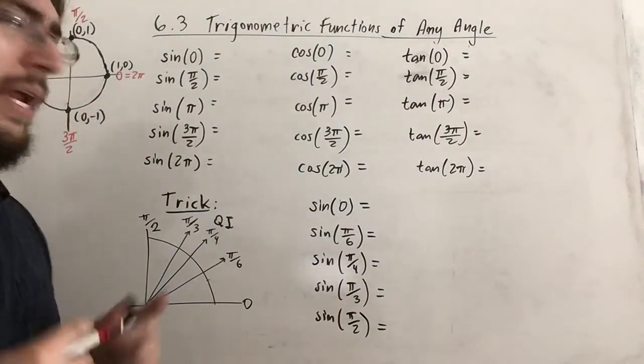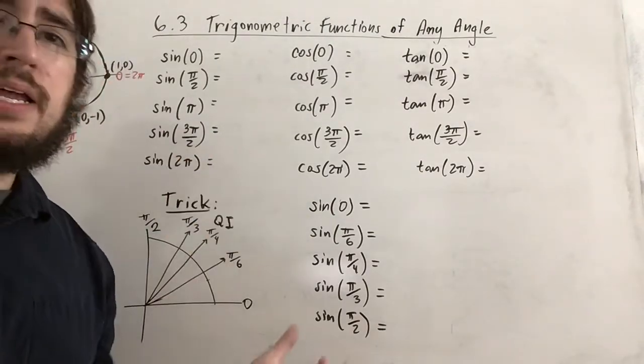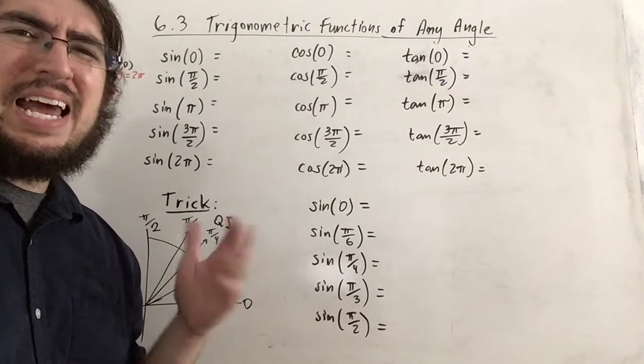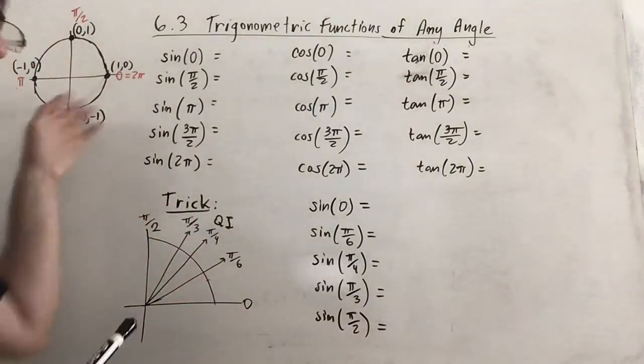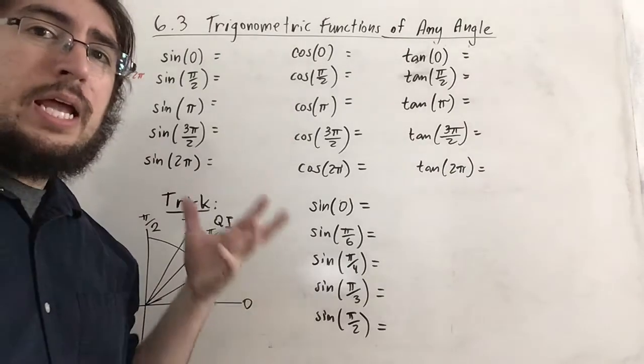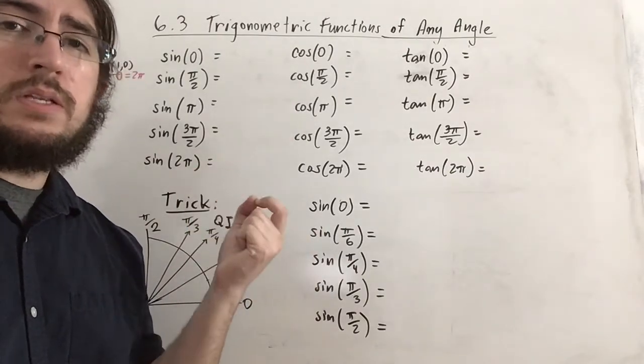All right, and as it turns out, any coterminal angle will have the same cosine, sine, and tangent values. I haven't emphasized that, but it actually is true. It makes sense because they correspond to the same point on the circle, and by the definition we saw for those trig functions, they only have to do with that point on the circle itself.